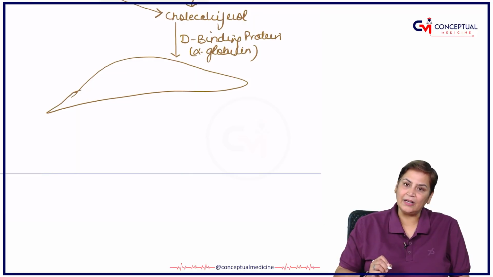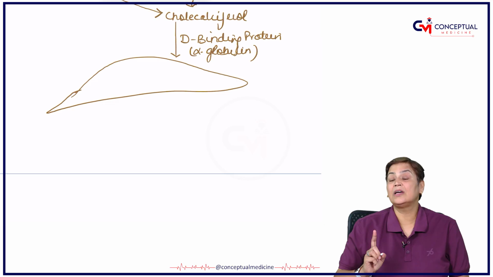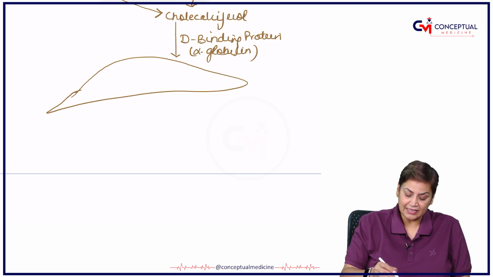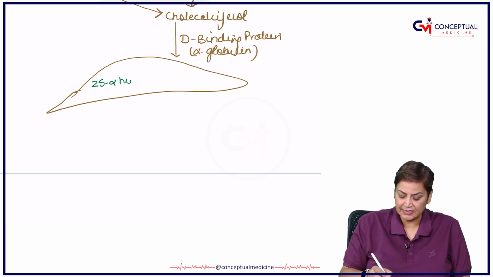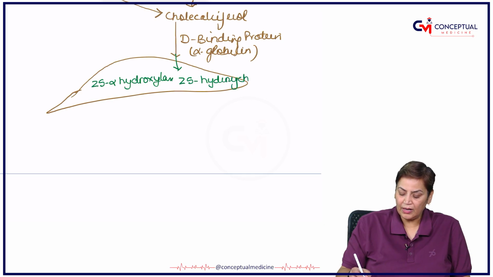The moment it enters the liver, it undergoes first hydroxylation, because the liver has 25-alpha hydroxylase. So this cholecalciferol will form 25-hydroxycholecalciferol.